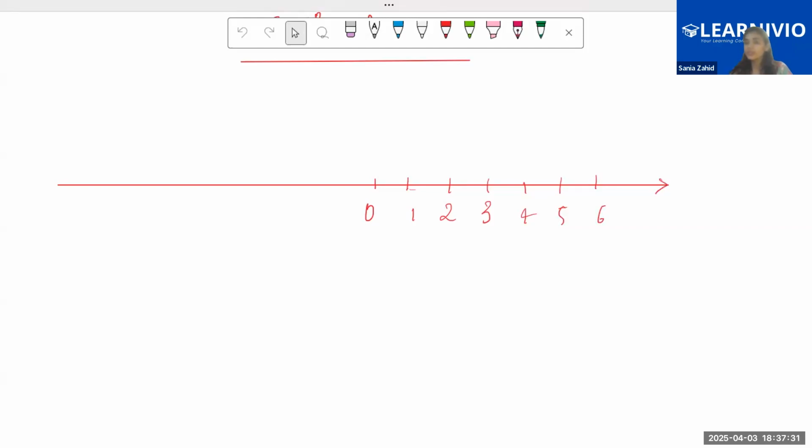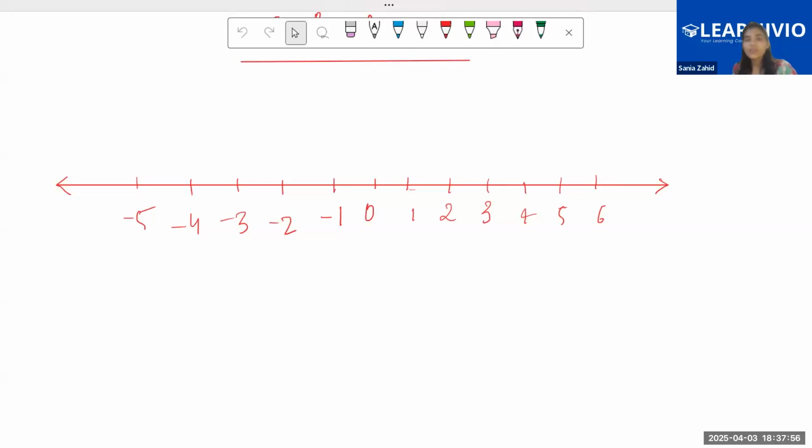And similarly, if I go towards the left hand side of 0, I will have -1, -2, -3, -4, -5, and so on. Right? So basically, towards the right hand side of 0, I have all the positive numbers. But if I go towards the left hand side of 0, then I have all negative numbers. Right?